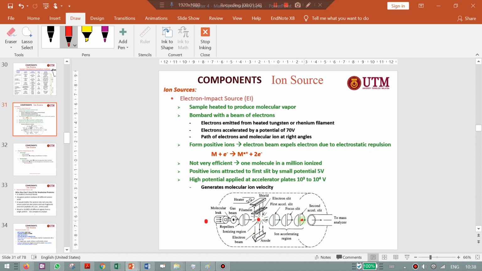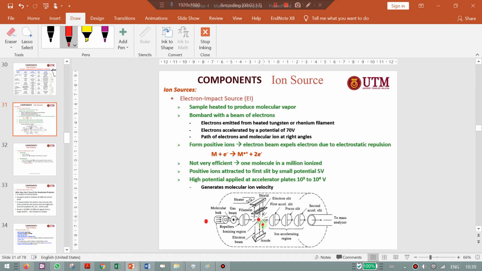Again, the molecule is heated and goes through to the repellers. The repellers repel your compound into the ionization chamber, where we apply the electron beam, so your compound will be ionized.